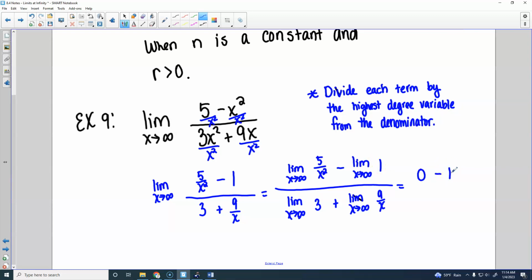It's going to stay 1 no matter what. There's no variable there to change it. What's the limit as x approaches infinity of 3? Also 3. And what about the limit as x approaches infinity of 9 over x? 0. And so we get negative 1 on the top, 3 on the bottom, negative 1/3 is the answer. Everybody okay there?